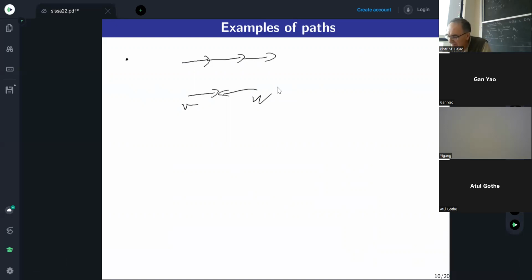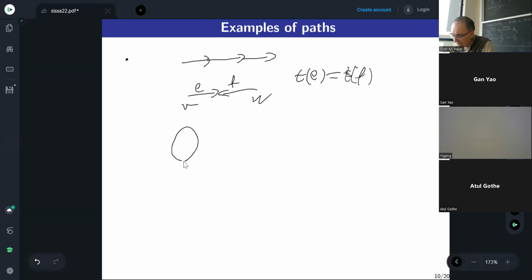Because here the ends agree. So the end of E is equal to the end of F. So that's no good, right? It must be that the end of one edge is the beginning of the next edge.